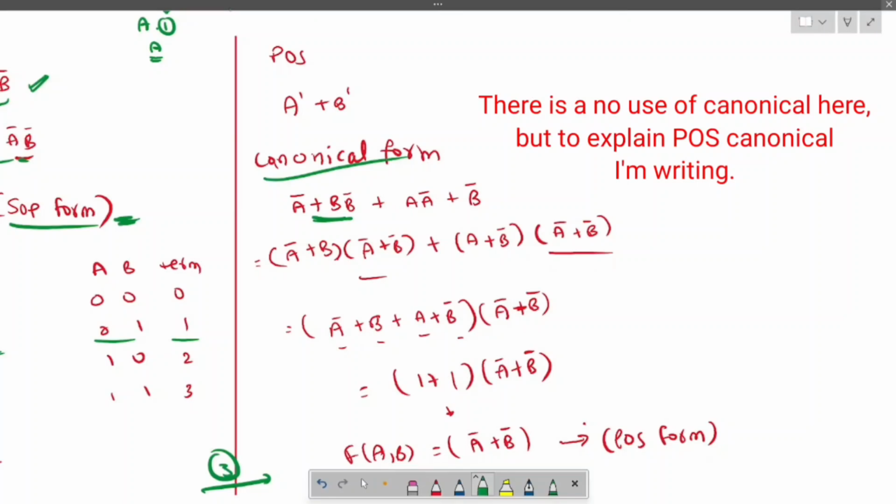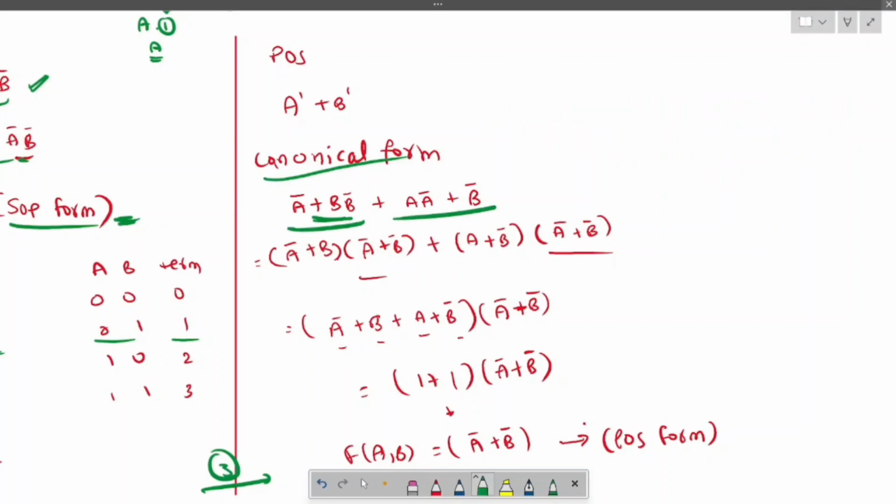These are the two terms, two different sections. This section is a bar plus b into b bar. Exploring this, a plus b into b bar is nothing but 0, and a plus 0 is a, so we are left with this term. In the same way, if we do all of that again, we will get only b bar.